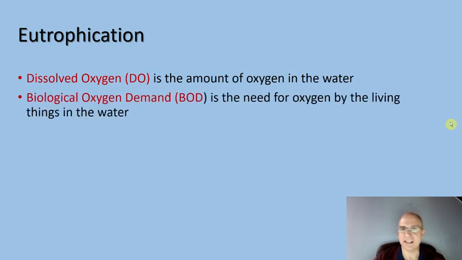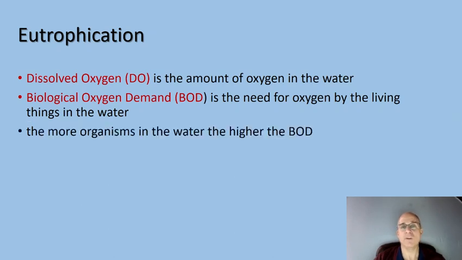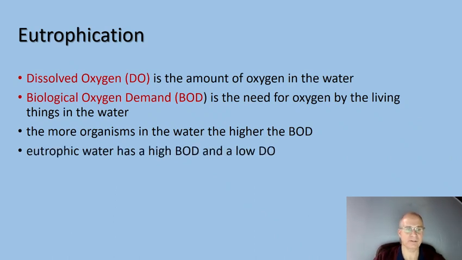Now, related to this is something we call biological oxygen demand, which is the demand for or the need of organisms that live in the water for that oxygen to survive. Now, the more organisms that we have in the water, the greater the BOD, right? More organisms need more oxygen. So they're going to be taking the oxygen out of the water to survive.